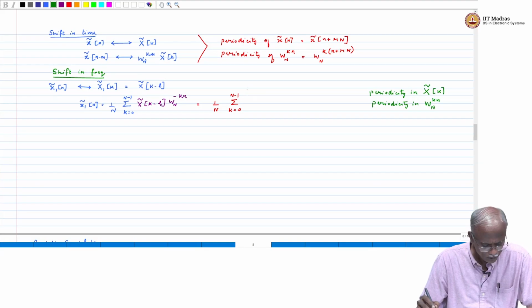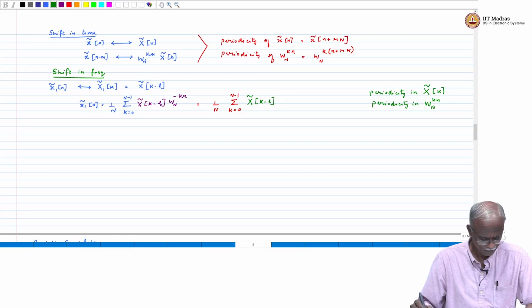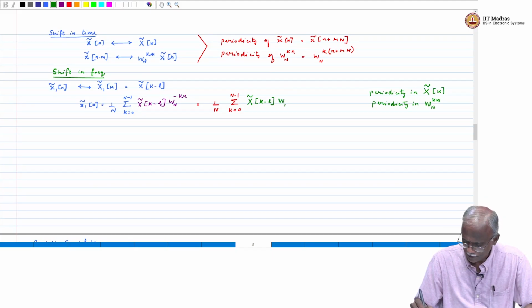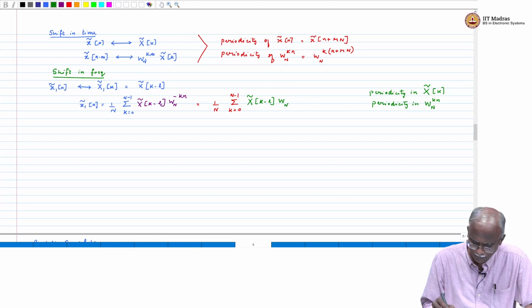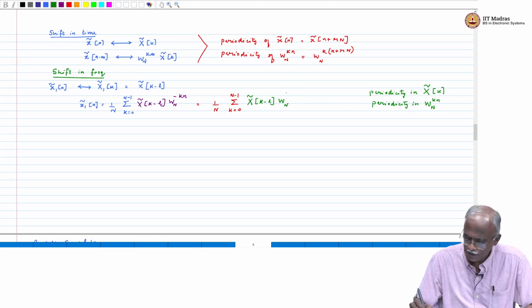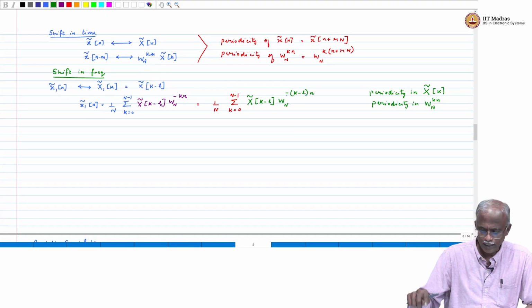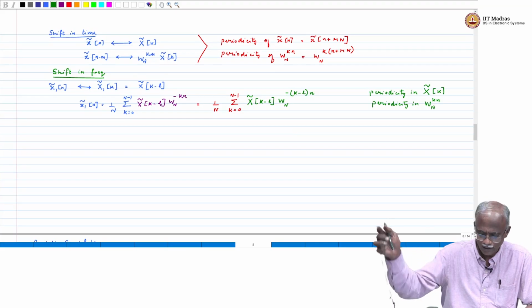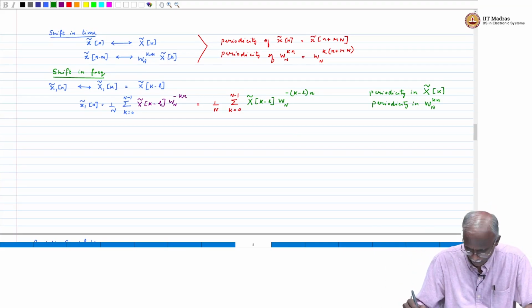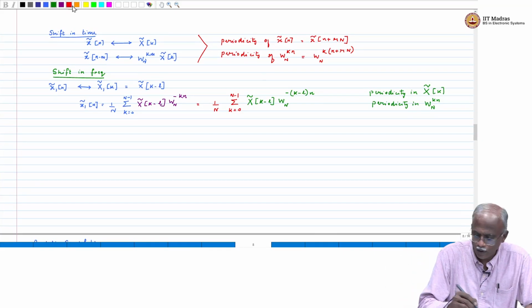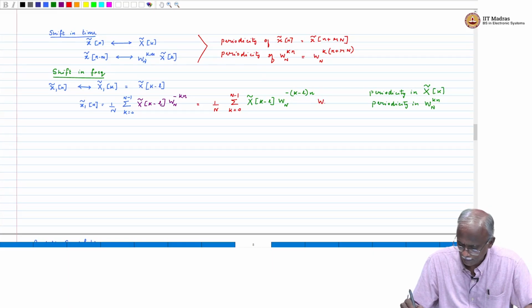So I'm going to write down, using this property, X tilde of k minus L, W subscript N, it is minus kn. I'm going to write it as minus (k minus L) times n. Remember that means I have introduced a W_N to the power Ln positive. So I must take out that contribution, so I'll multiply it by W_N^{-Ln}.